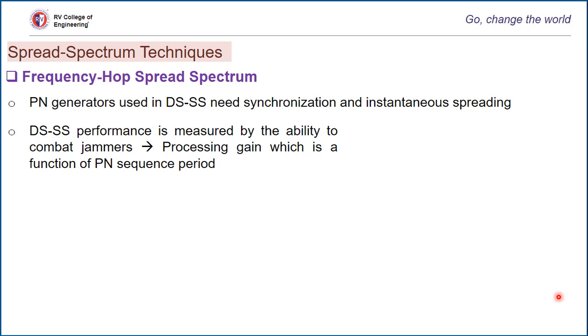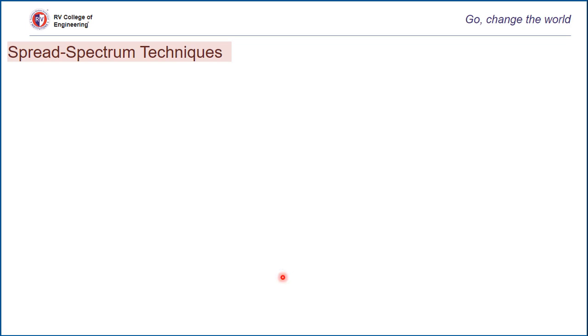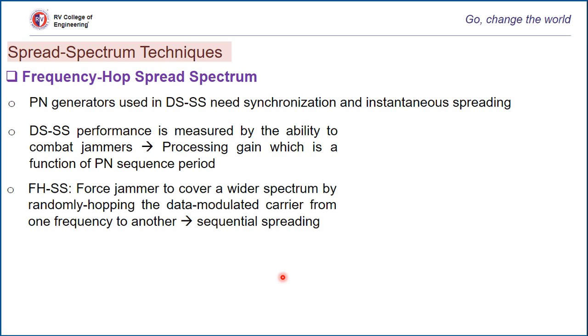One such alternate method is to force the jammer to cover a wider spectrum by randomly hopping the data modulated carrier from one frequency to the next. In effect, the spectrum of the transmitted signal is spread sequentially rather than instantaneously.